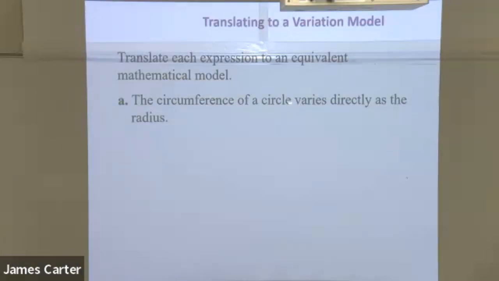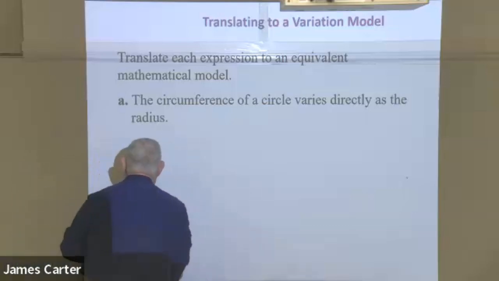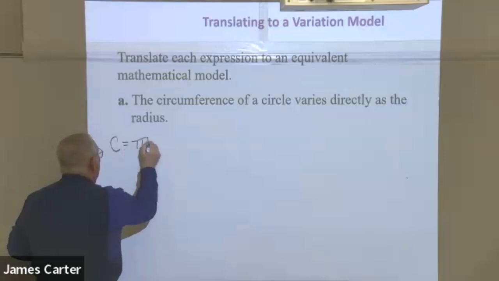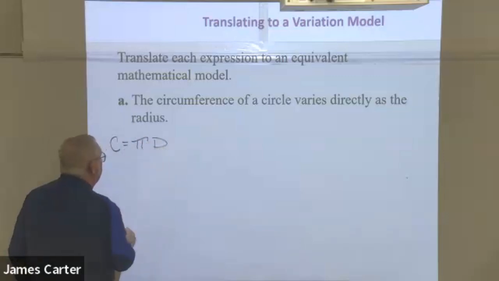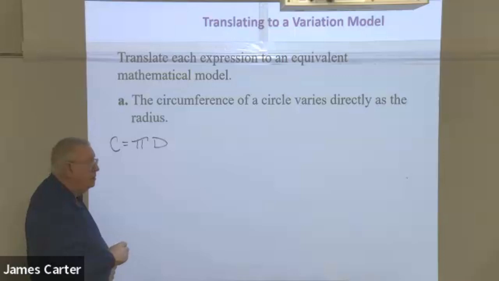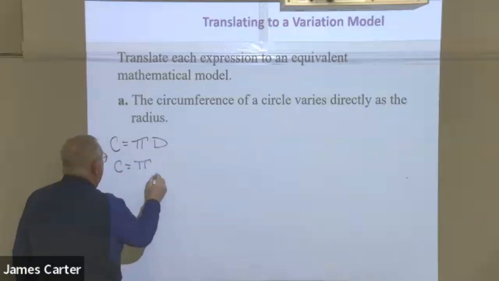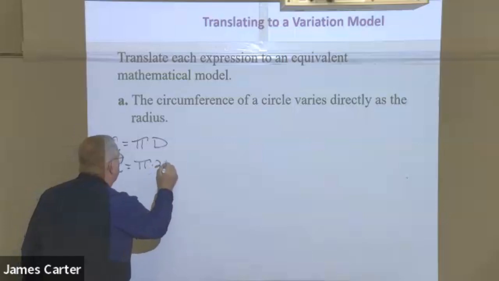Okay, circumference of a circle. Circumference of a circle varies directly as the radius. Well, there are 2 formulas for the circumference of a circle, if you recall. Pi times the diameter, and also pi times 2 times the radius.